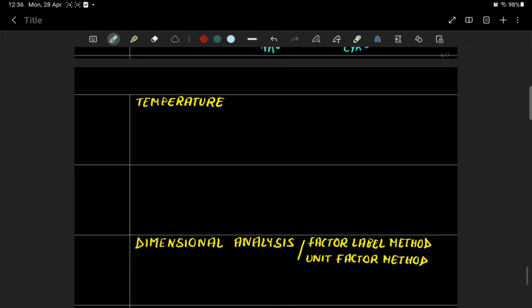Okay. Next is temperature. There are 3 common scales for temperature. We have Celsius, Fahrenheit, and Kelvin. Kelvin is the SI unit.